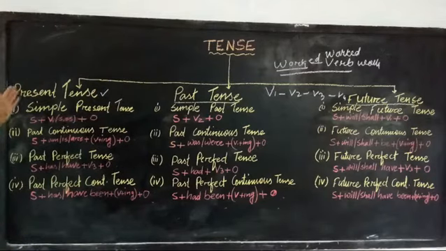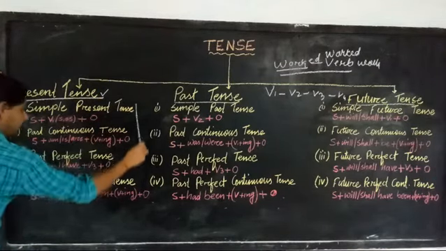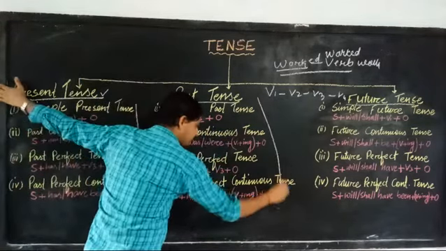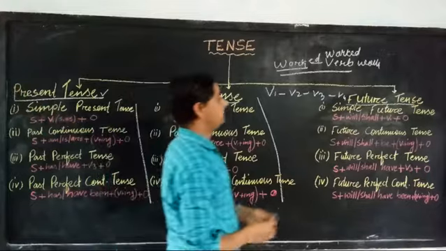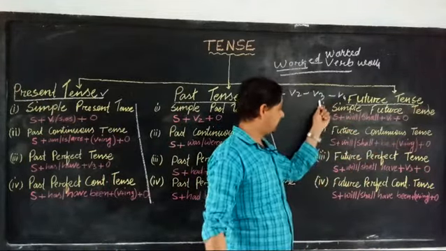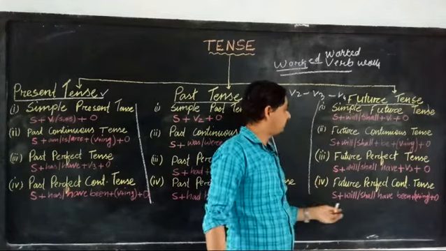In present tense there are four tenses, in past tense again four tenses, and in future tense also four tenses.